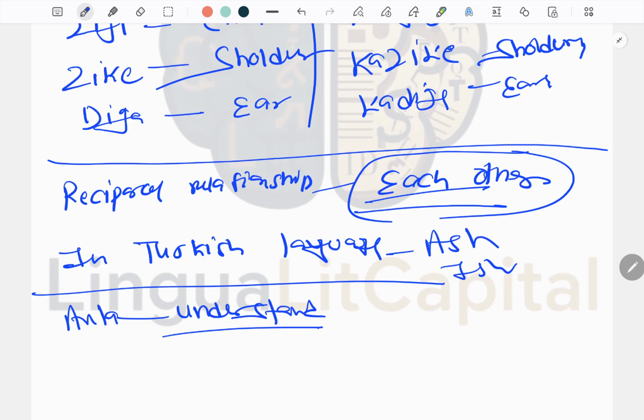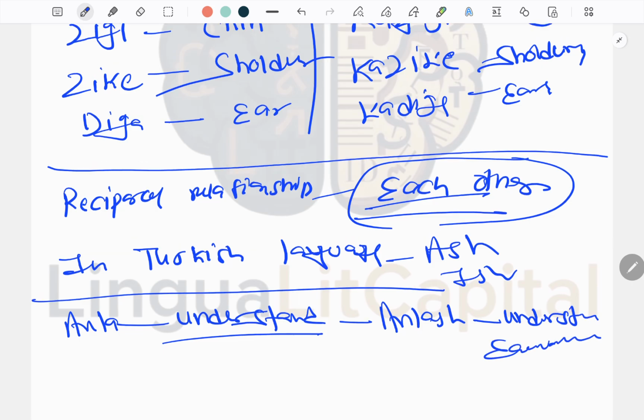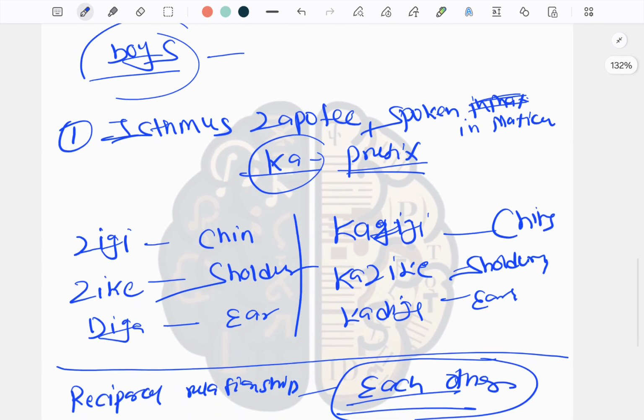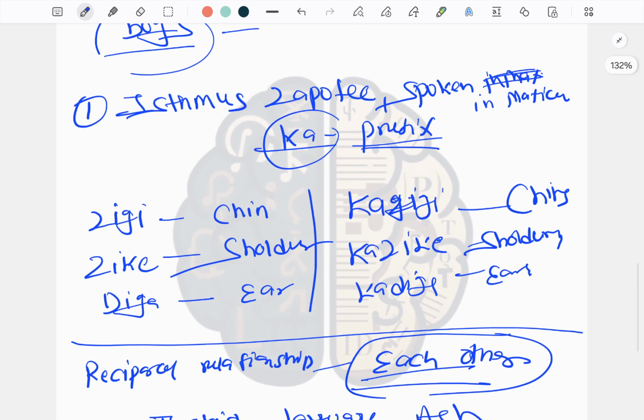But when we make the reciprocal form of this word, it becomes anlash, which means understand each other. So these are all about the morphemes in the languages of their countries.